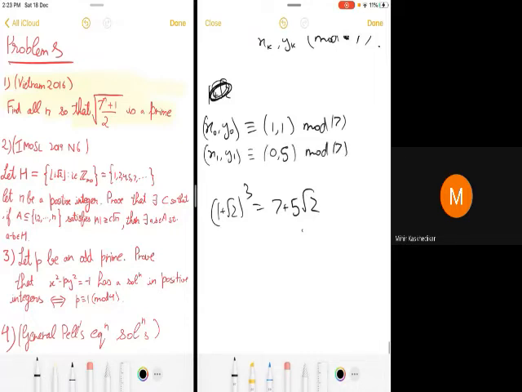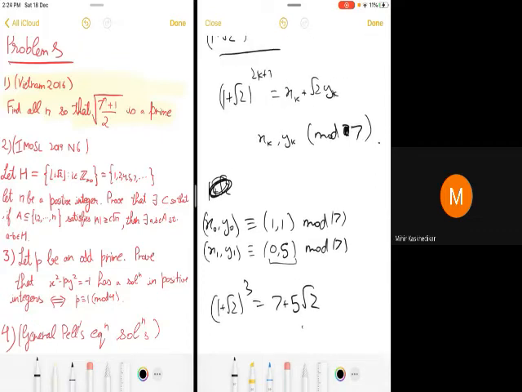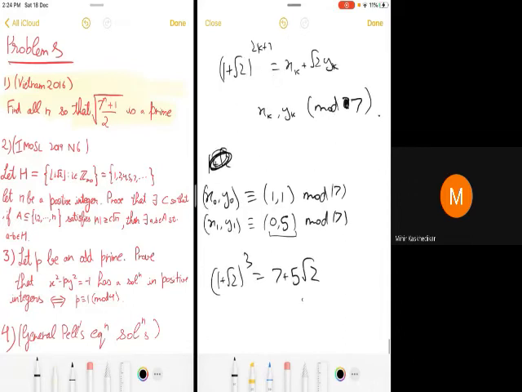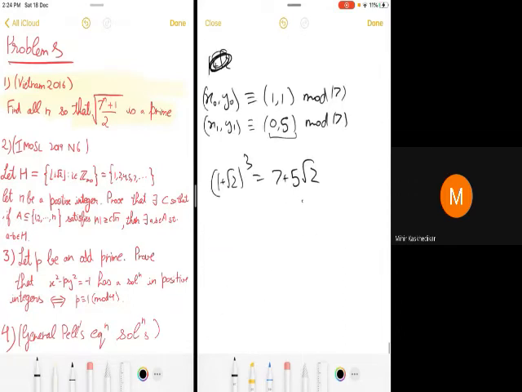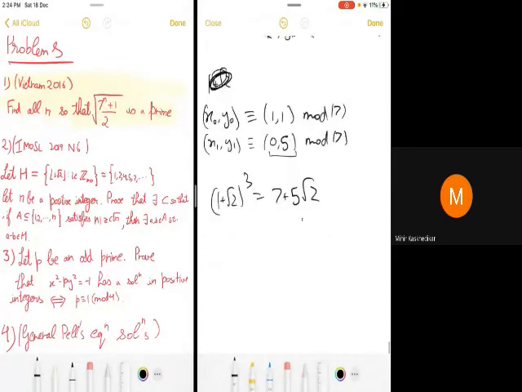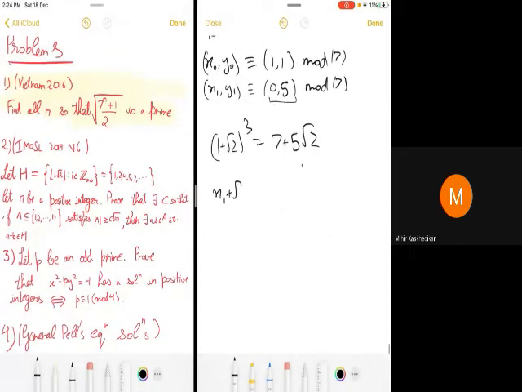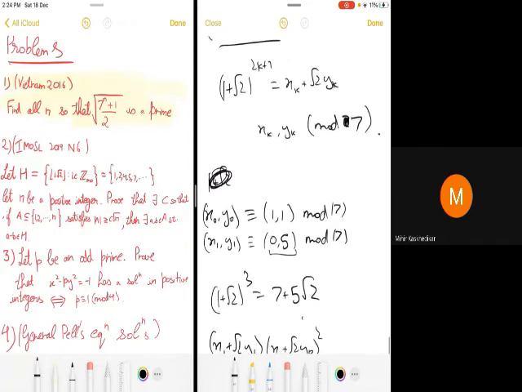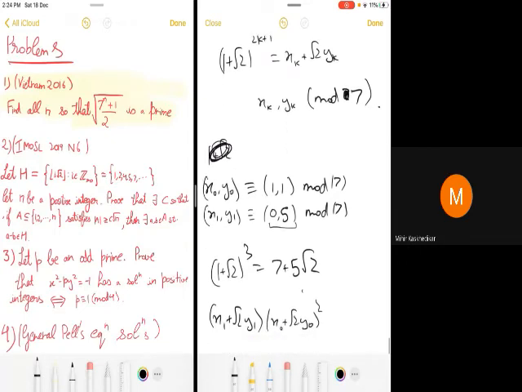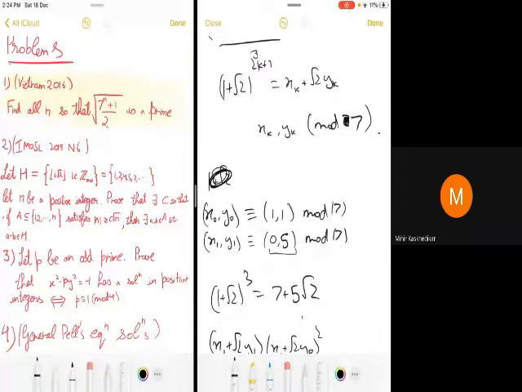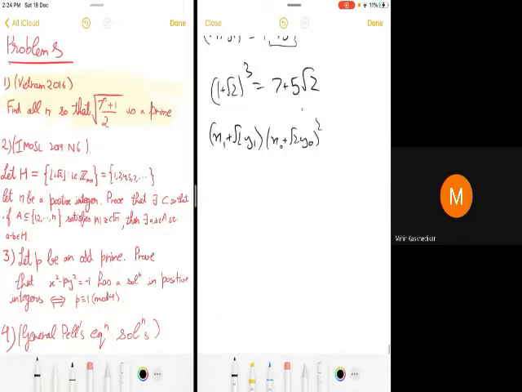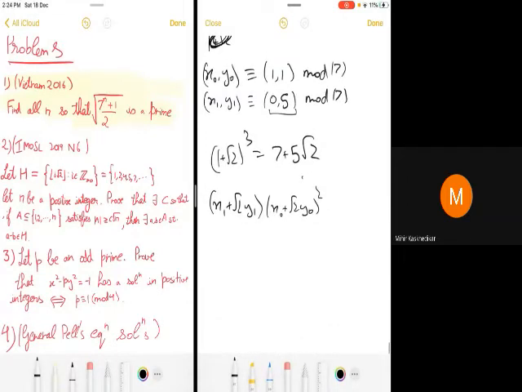Note that if a solution is congruent to another thing, then because these expressions are all algebraic, x1 plus root 2 y1 times (x0 plus root 2 y0) squared is actually x2 plus root 2 y2, right?